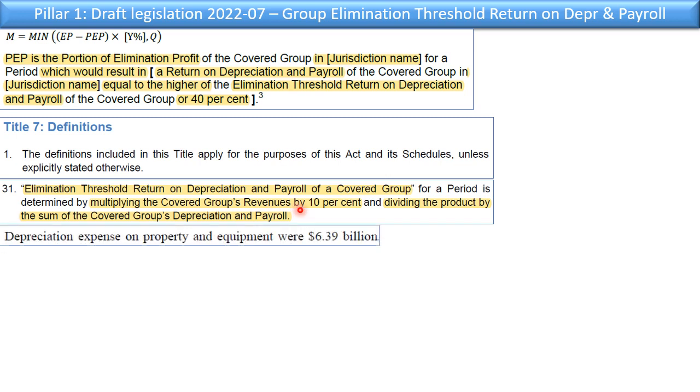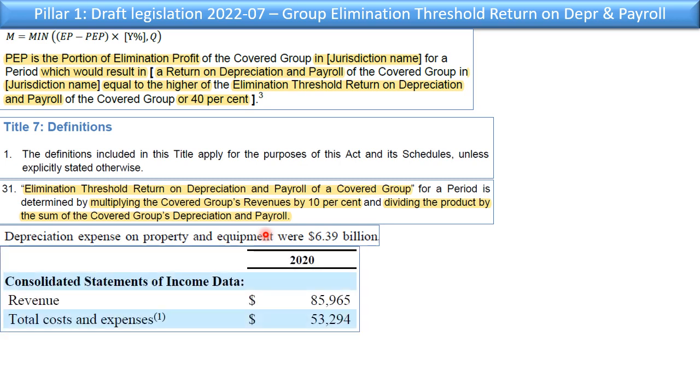Now, the depreciation on property and equipment, I assume that you only do this on tangibles. If I remember, that's what the tax also say, is 6.4 billion. And it's a little more difficult to get to payroll because the Facebook accounts don't specify that.